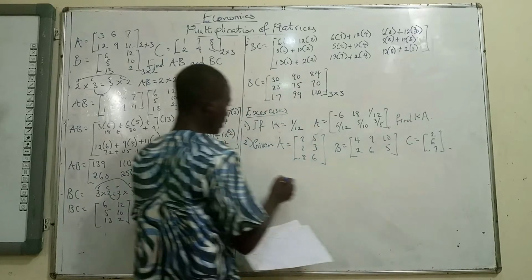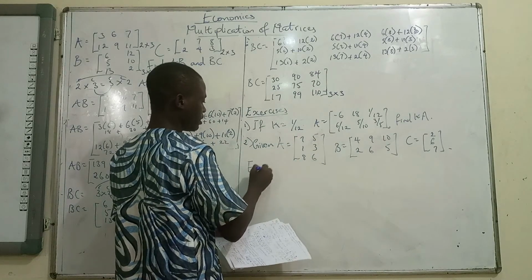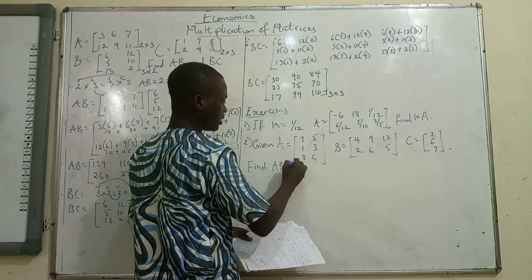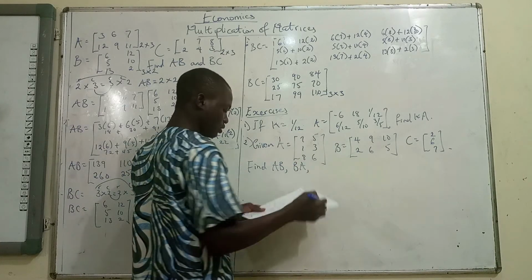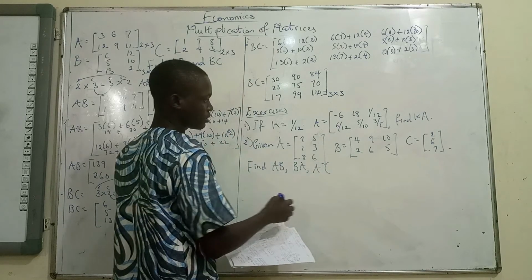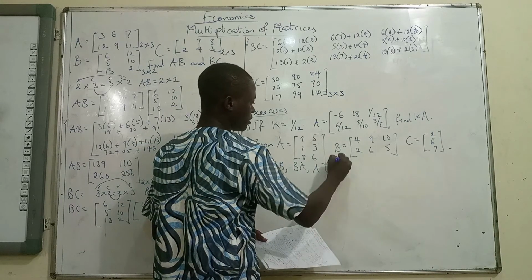Find AB, then find BA, and then find A into brackets BC.